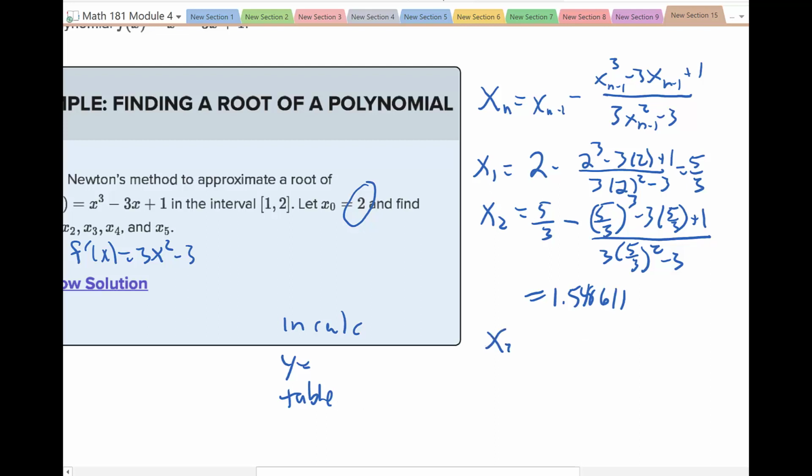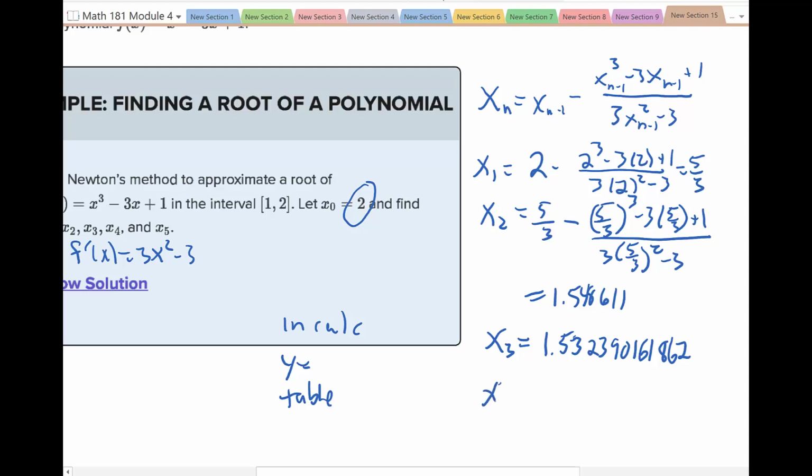With that, my x3 came out to be 1.532390161862. When you're in the calculator, highlight the actual value because it gives you a rounded-off number in the view.